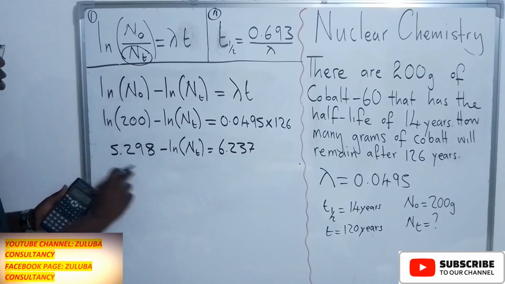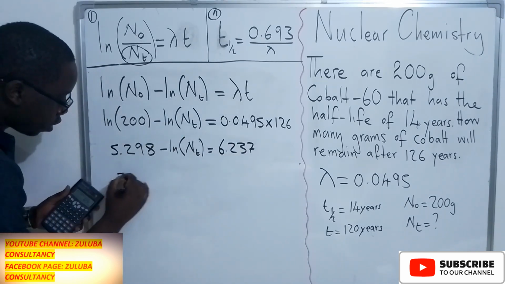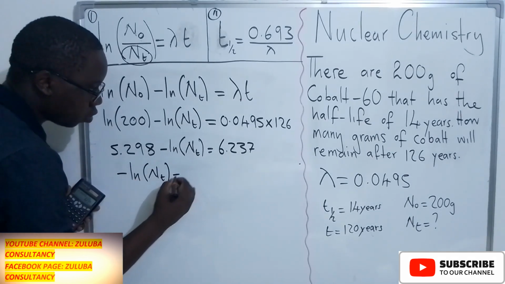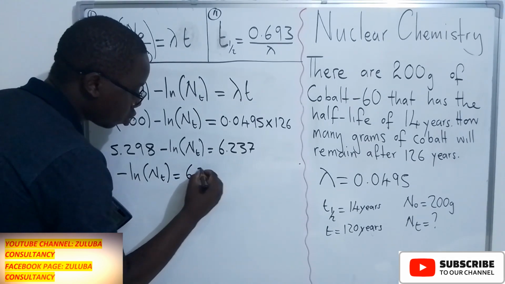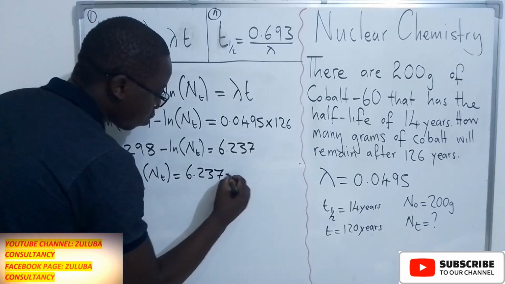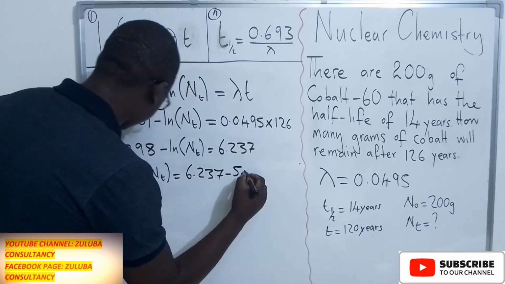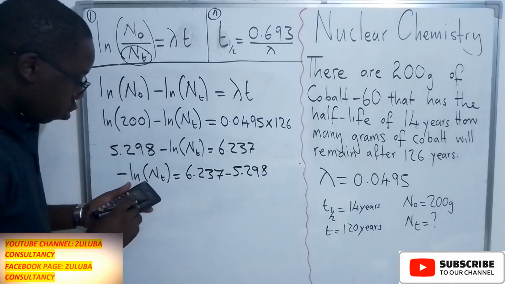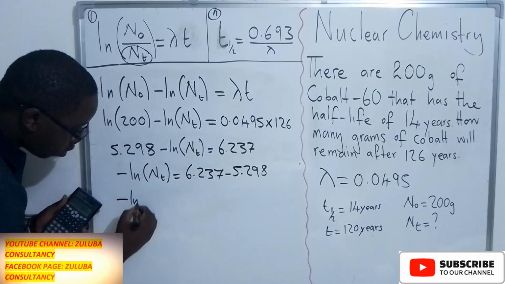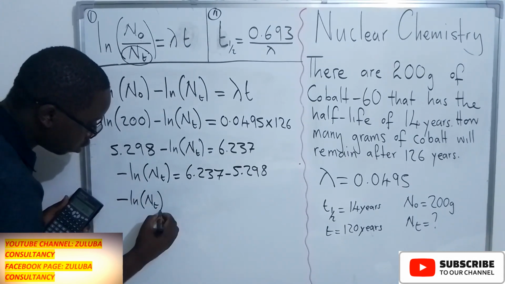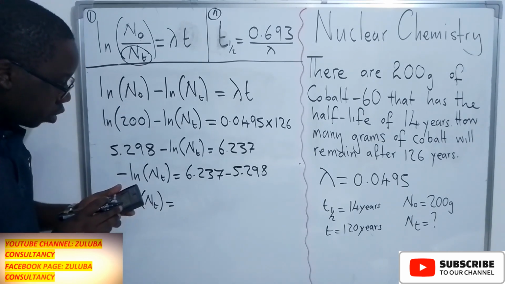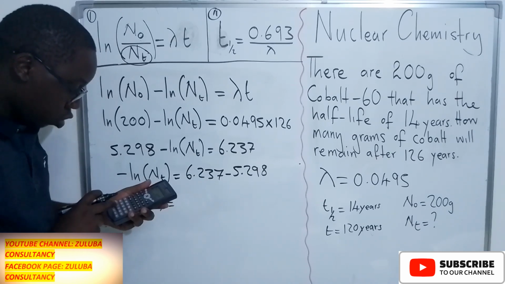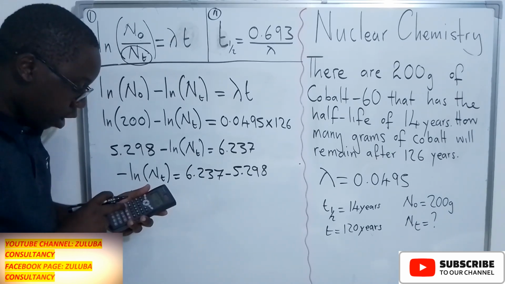So the 5.298 can cross the equal sign. We'll have negative the natural log of N_t is equal to 6.237 minus 5.298. So then the natural log of N_t is equal to 6.237 minus 5.298.